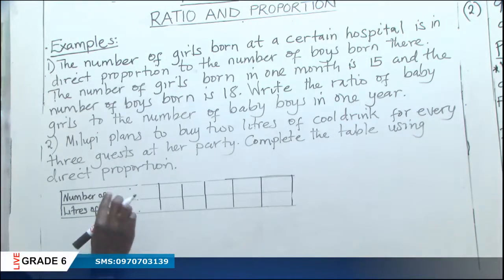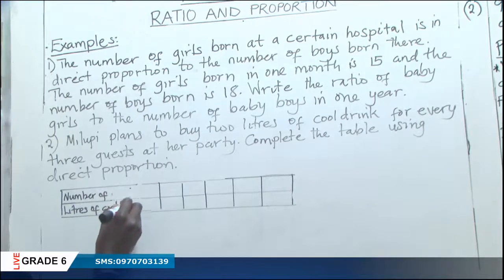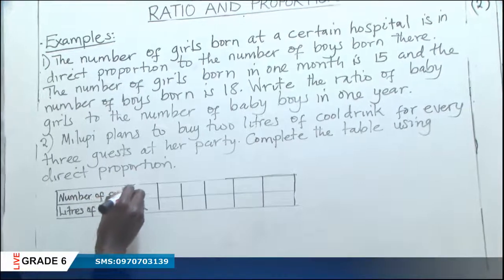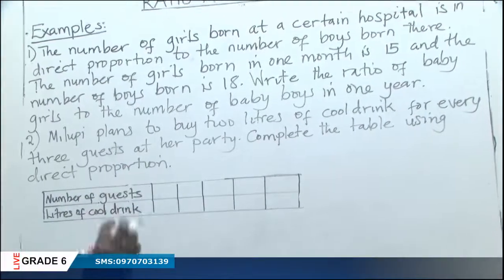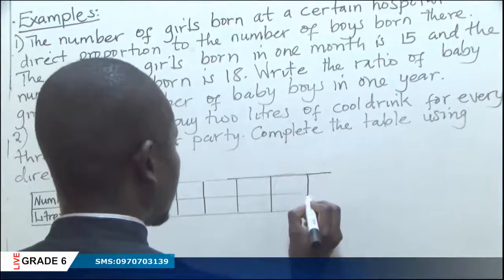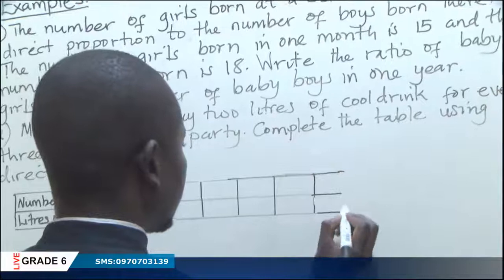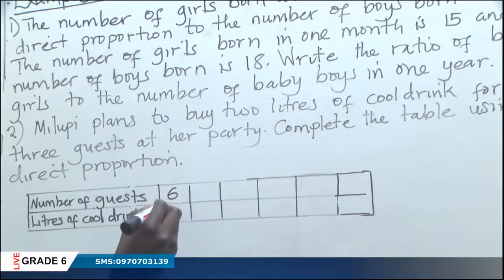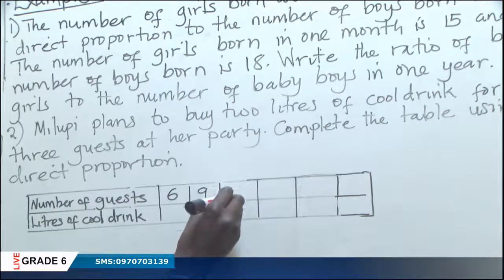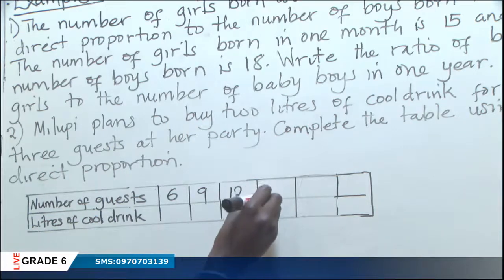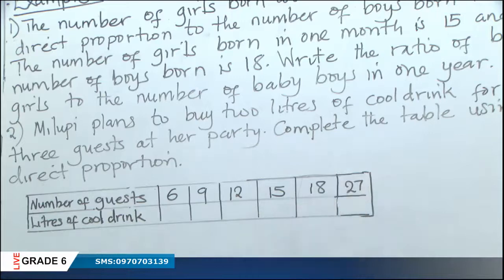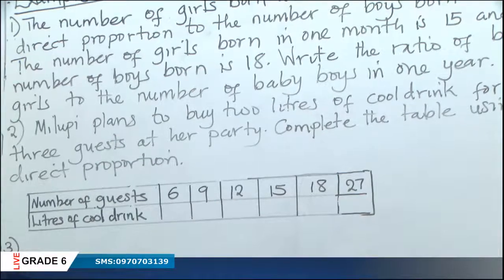Let me just write them down properly. Then our table can increase a bit. All right, so we have got 6, 9, 12, 15, 18 and 27.